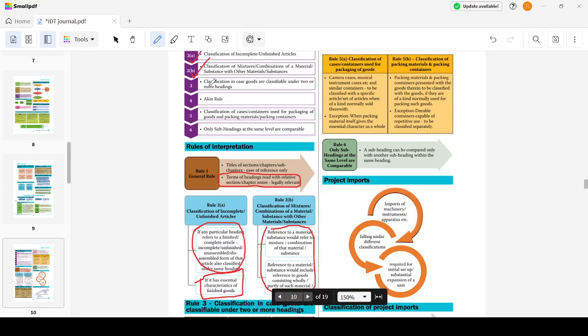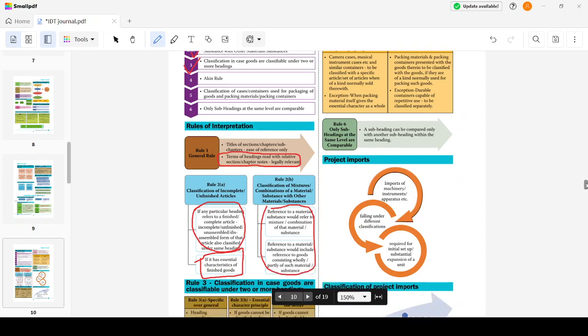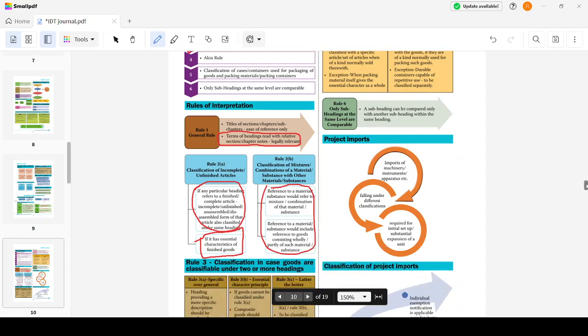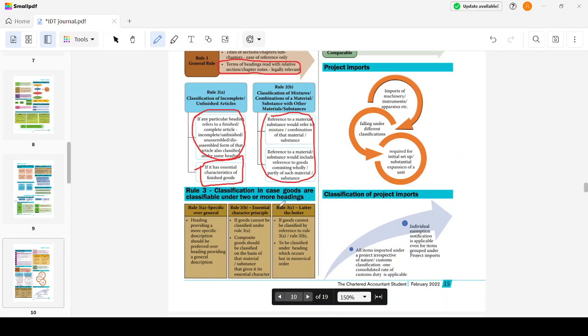Then classification in case goods are classifiable under two or more headings. What to do if a particular good is getting classified under two or more headings? Like we had this particular example. Assume it's a mixture getting classified in two different heads. What to do? Check specific over general. Check whether there is any specific provision given instead of a general provision.